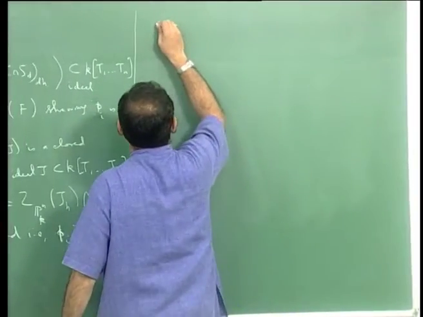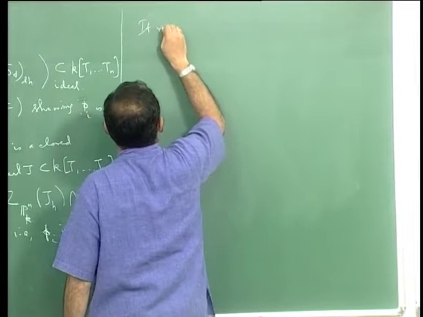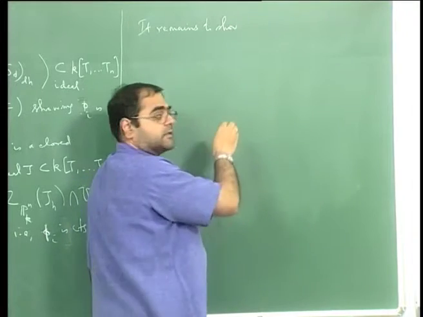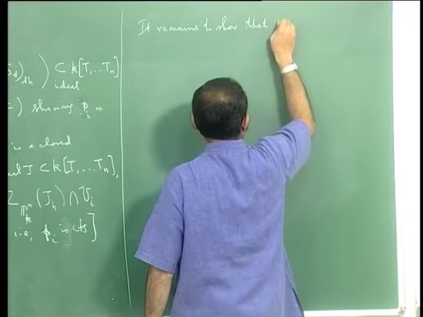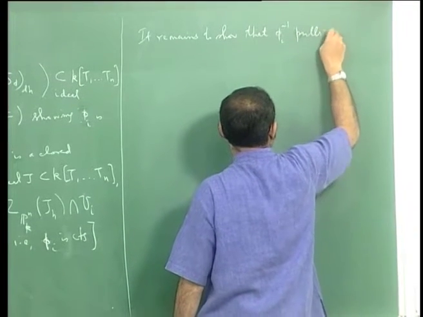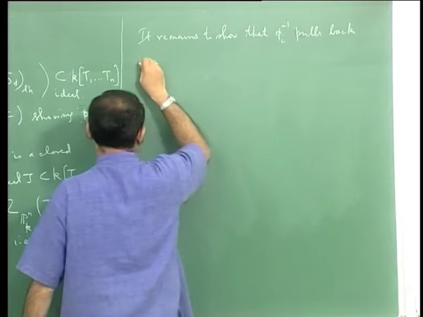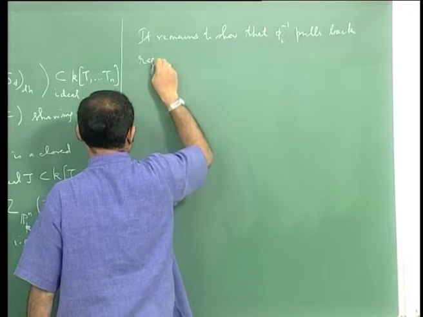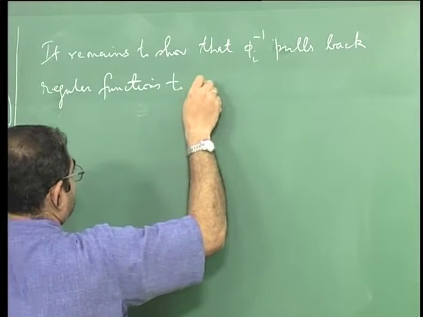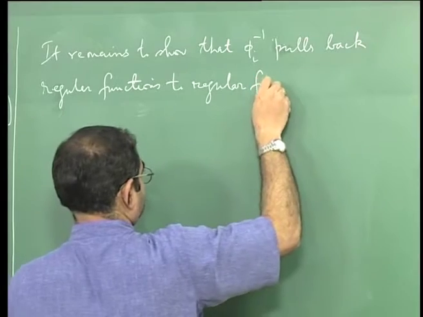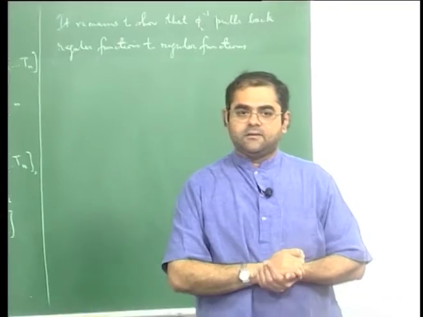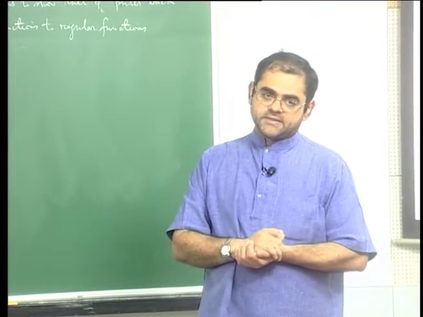So it remains to show that phi inverse pulls back regular functions to regular functions, and that would make phi inverse a morphism, and that together with the fact that phi is a morphism will tell you that phi is an isomorphism.